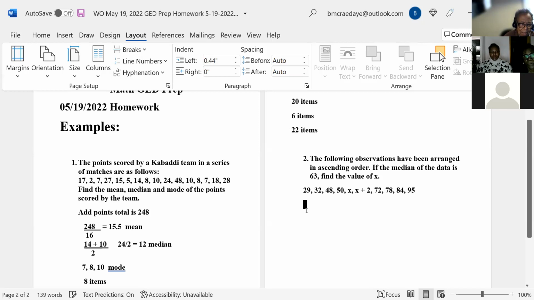The number of observations. Because they're using observations, so we'll use that. Number of observations is 9.